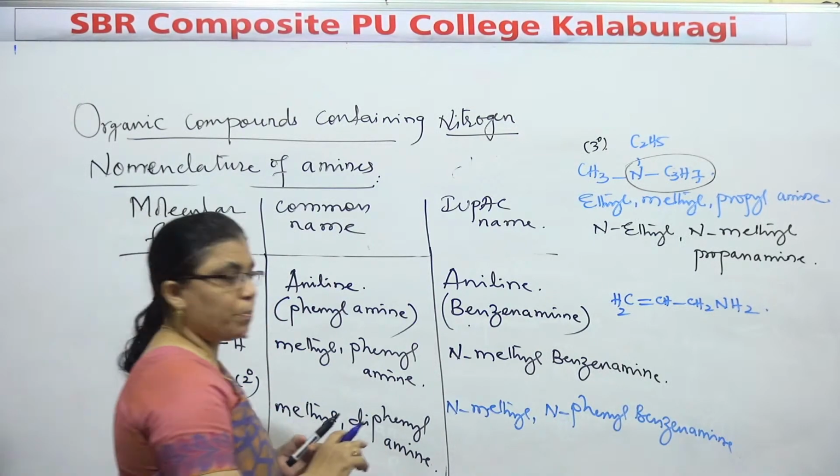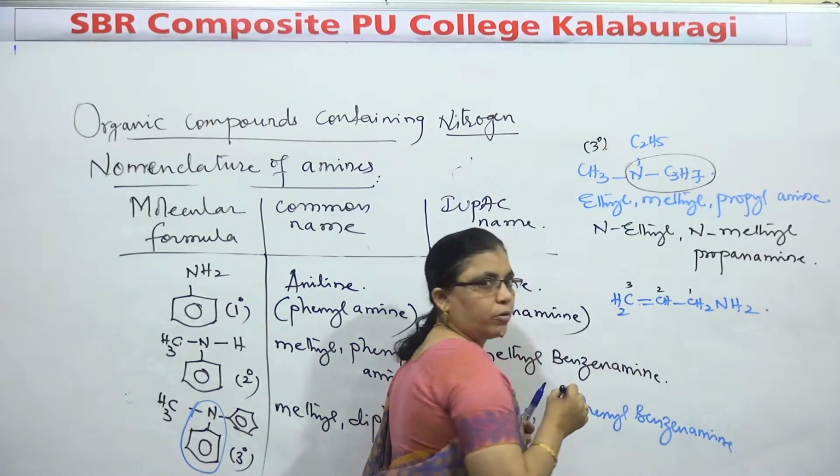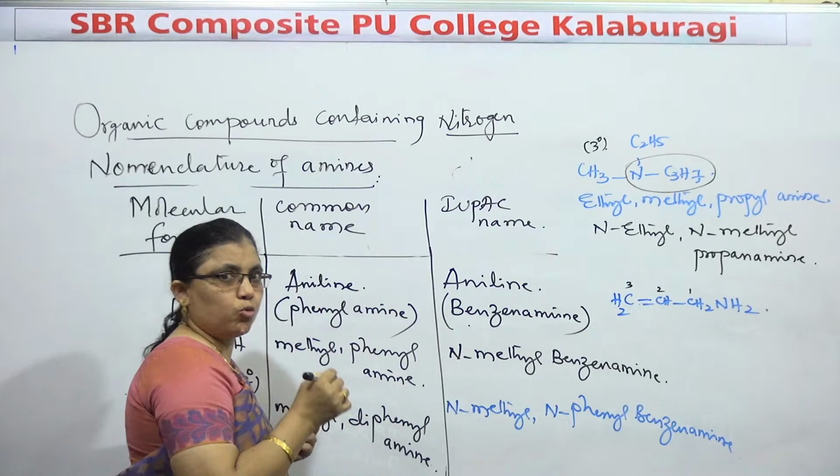But according to the IUPAC system, numbering can be given in this way: 1, 2, 3. Okay, prop-2-en-1-amine.